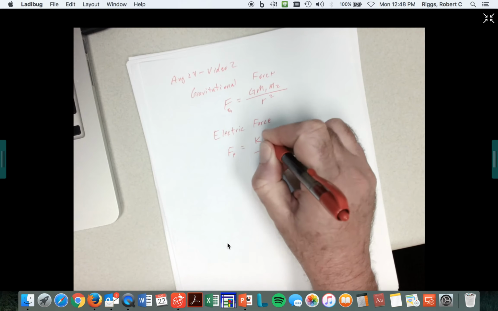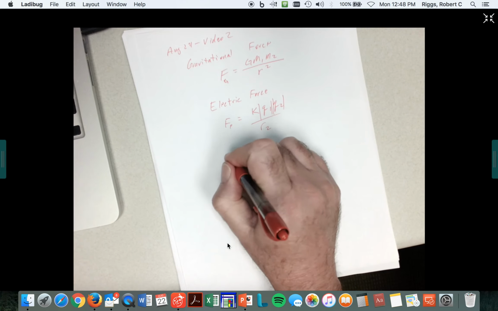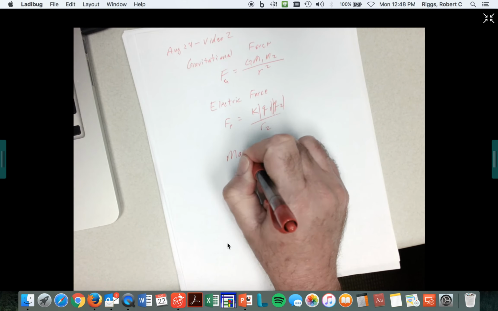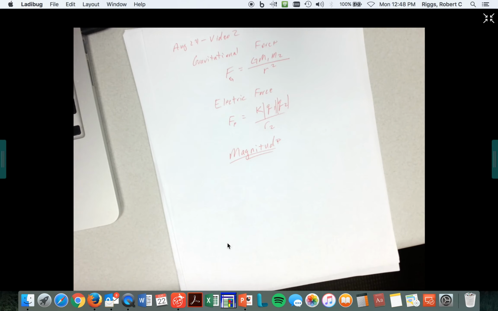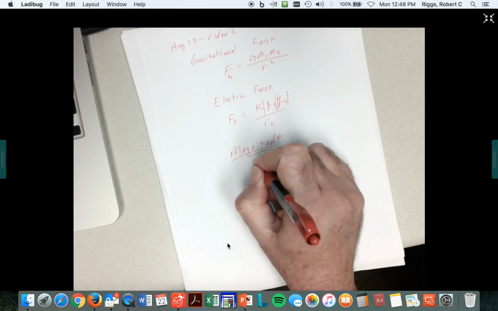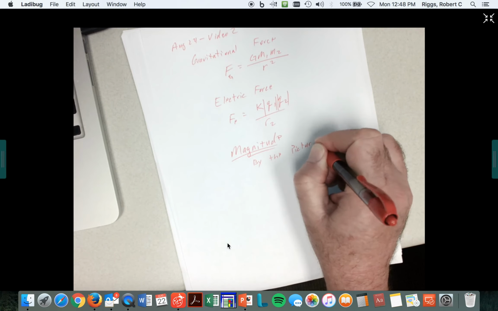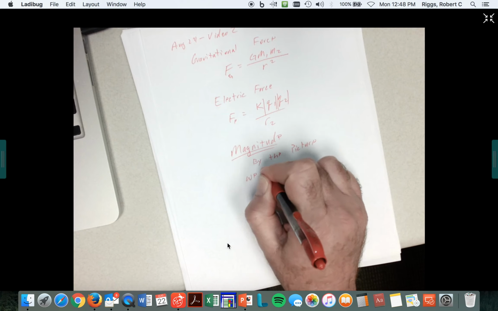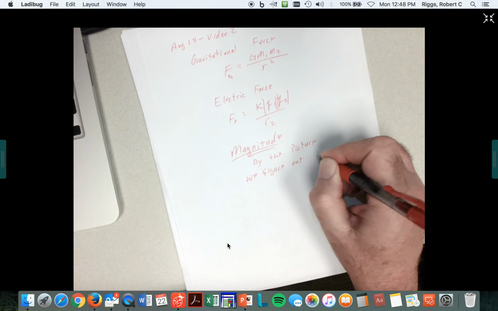Now, I'm going to put absolute value signs, because what we do is we do the magnitude first. We just do the magnitude. And then by the picture, we figure out the direction of the force.